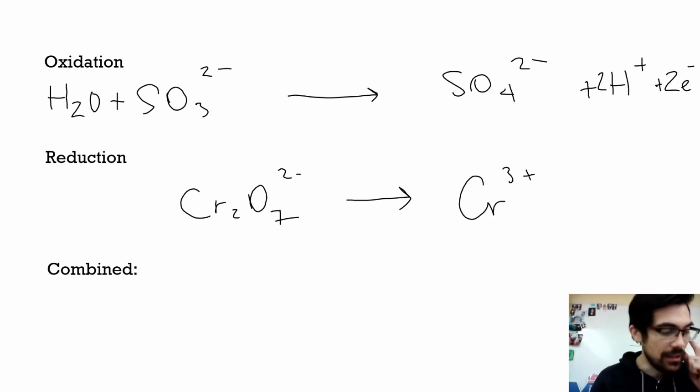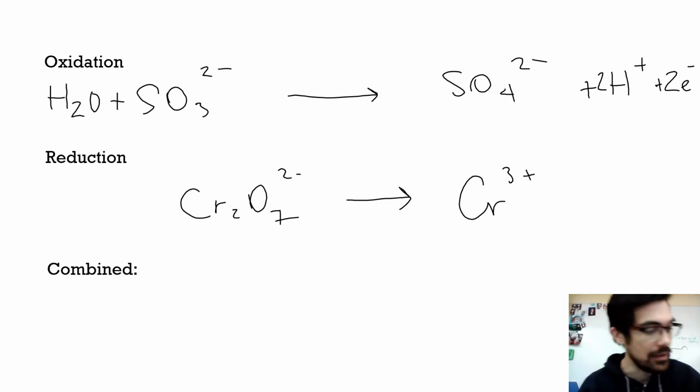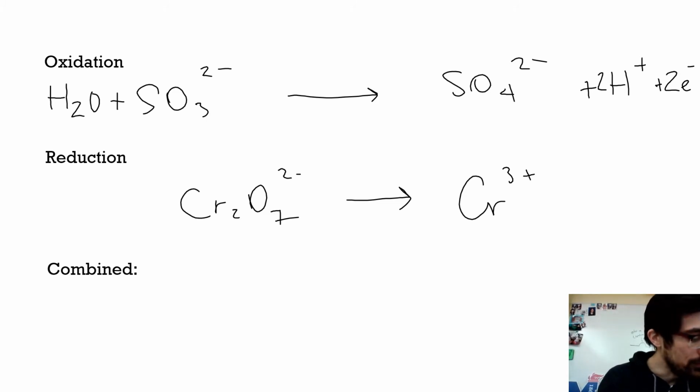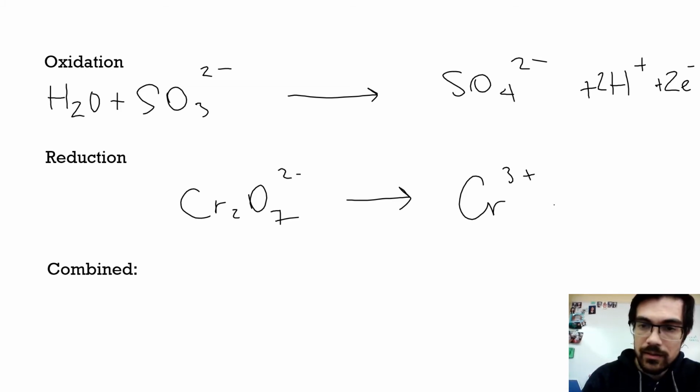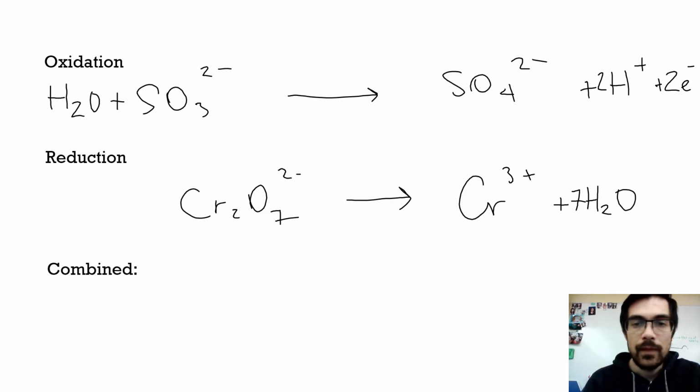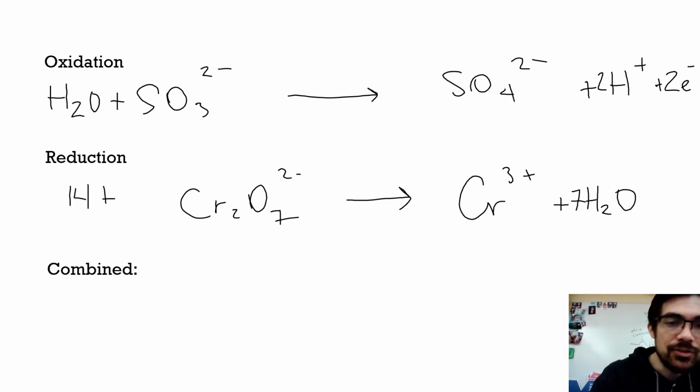Now the oxygens again are missing, so let's add them in. And so first off, we need 7 H2Os, okay? And that means on the other side we need 14 hydrogens being added to this.